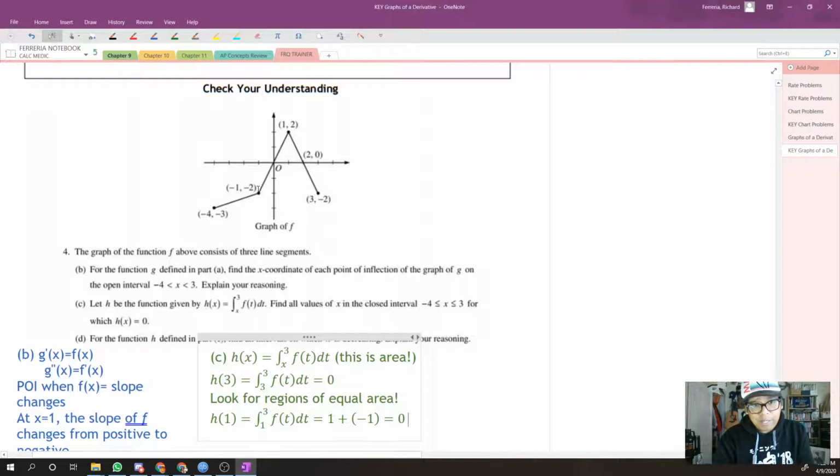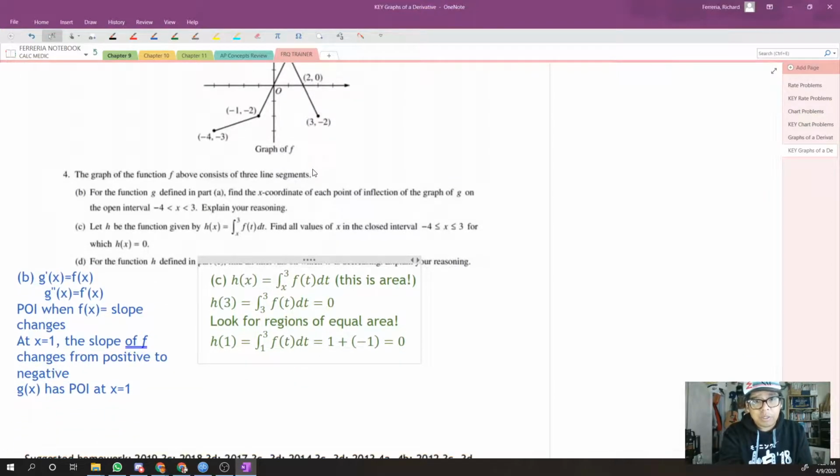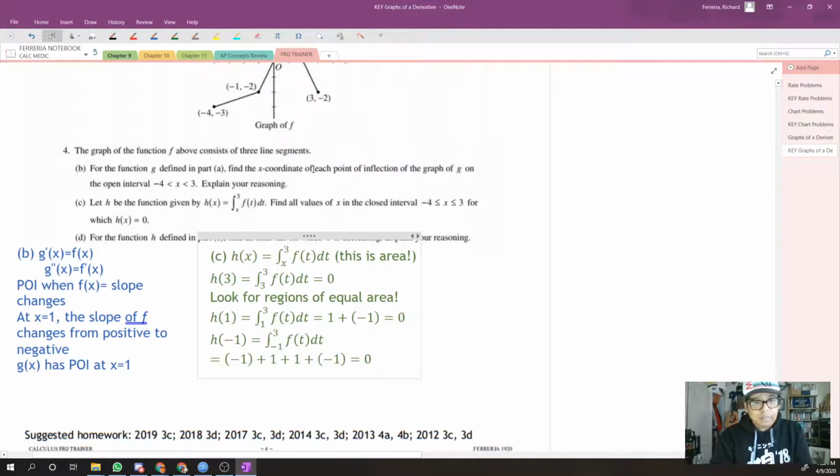So if I take the integral from -1 to 3, I'm going to get -1 plus 1 plus 1 plus -1, which conveniently is equal to 0. Okay. So h of -1 is also equal to 0. Therefore, h is equal to 0 whenever t equals -1, 1, or 3.